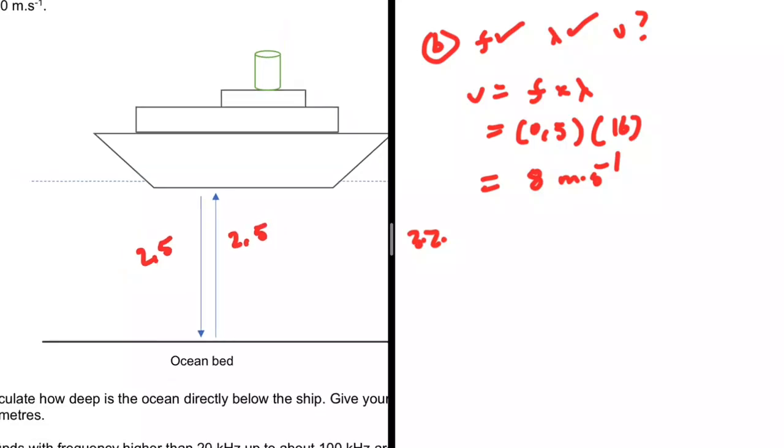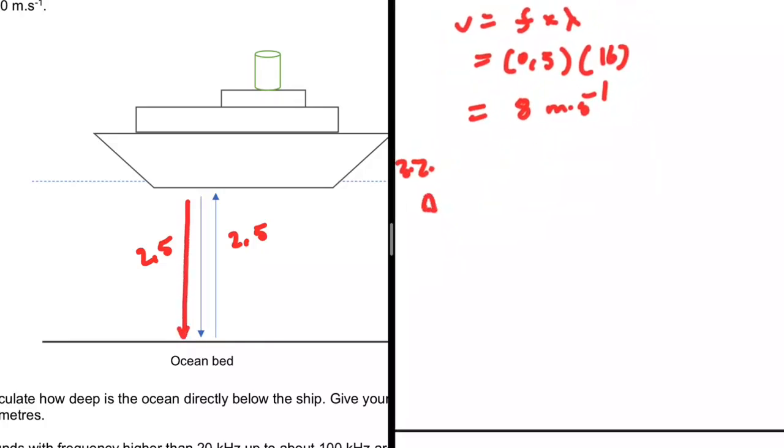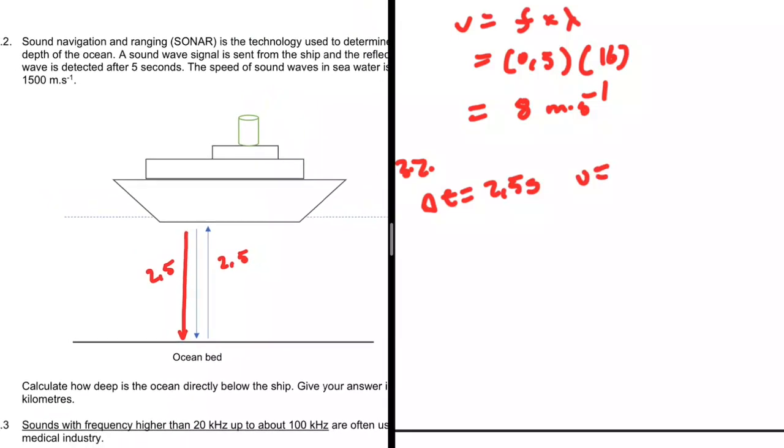So in order for us to calculate the depth, that distance, we have the time, which is 2.5 seconds, and we have the speed of sound waves in water, which is 1,500 meters per second. And what are we looking for? Calculate how deep is the ocean. So we're looking for the distance, right? We're going to have the distance as our unknown variable, or the displacement, depending on what you are using.